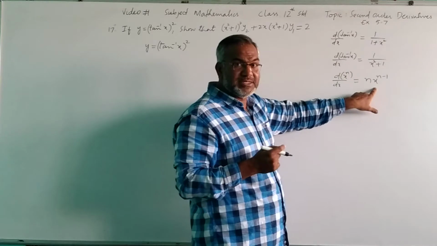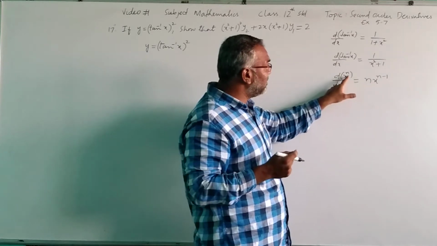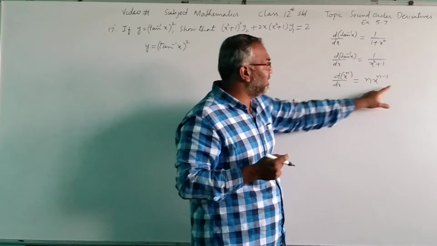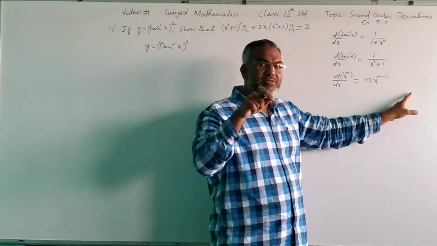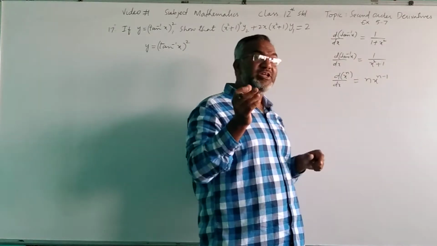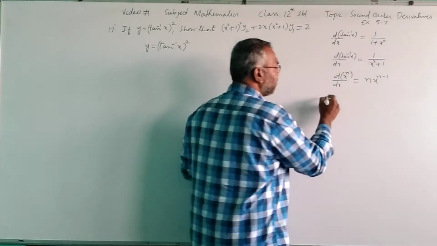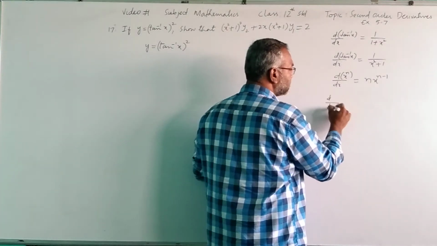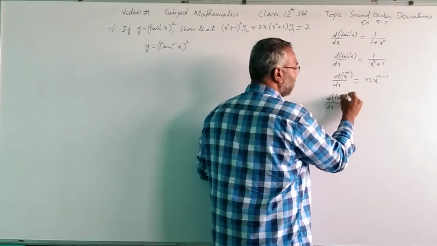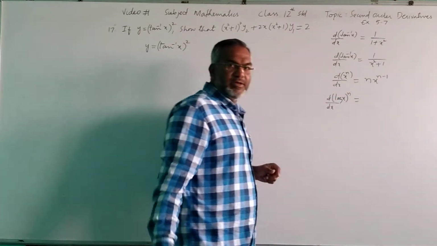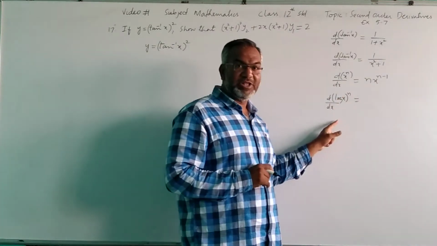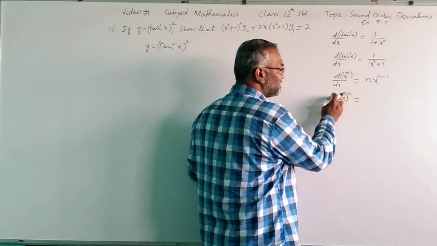And after doing this, we must find the derivative of the base x also, but that becomes 1. That's why we do not do it. But if it is something else, for example, differentiation of (log x) to the power n, this is also the same as x raised to n.